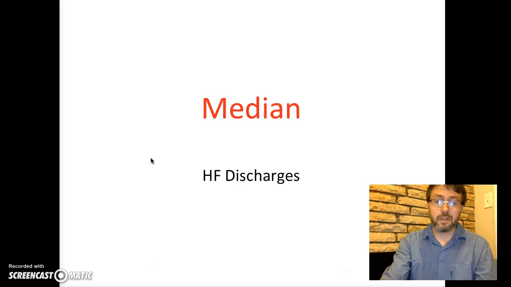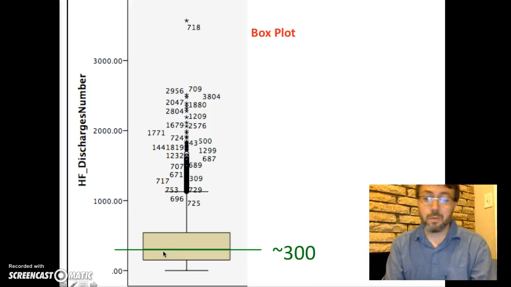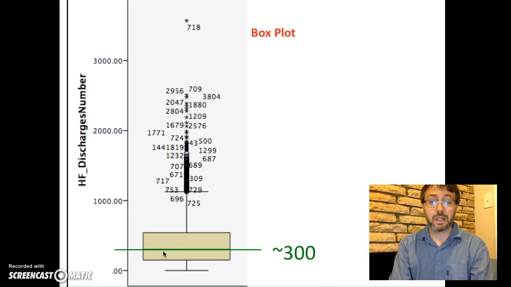The median is a bit different. If we look at hospital discharges and we ran our box plot, we saw that the median was around 300. It's in the lower third between 0 and 1,000. So the median number of discharges that a hospital facility conducts in the United States is about 300.